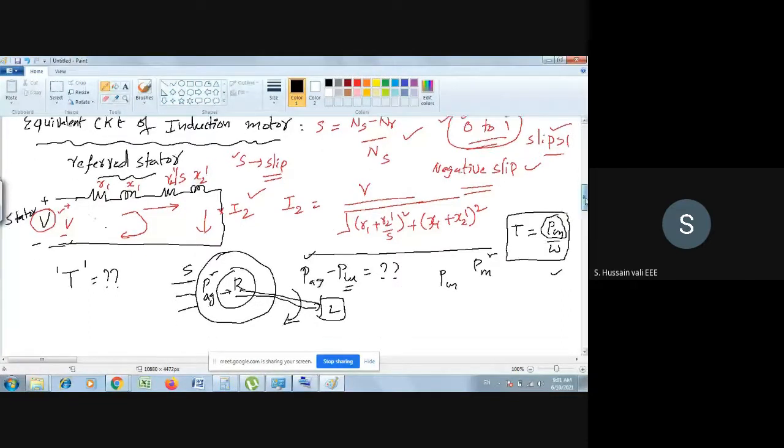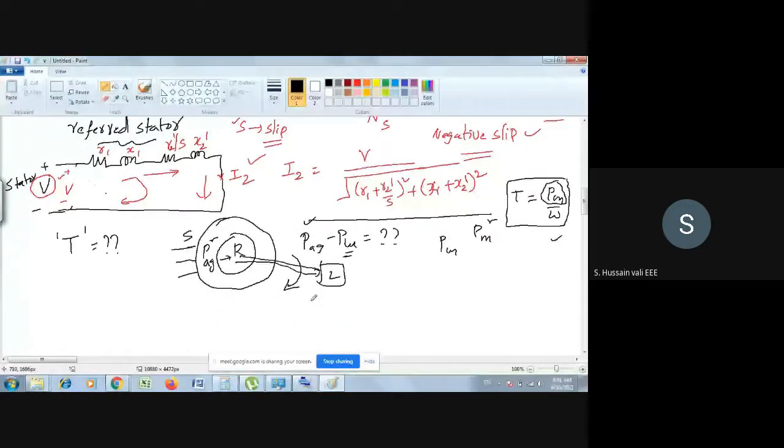Now this derivation is part of the previous discussion itself. So use all these things. I'm just revising the induction motor so that we can start the actual topic. The actual topic is not this. This is a revision, so that when I start the new topic, you should not have any doubt about how all these equations come.